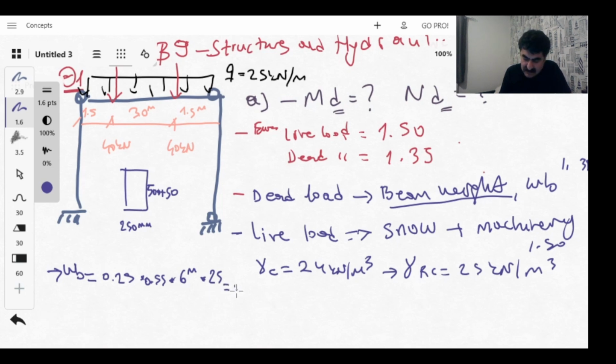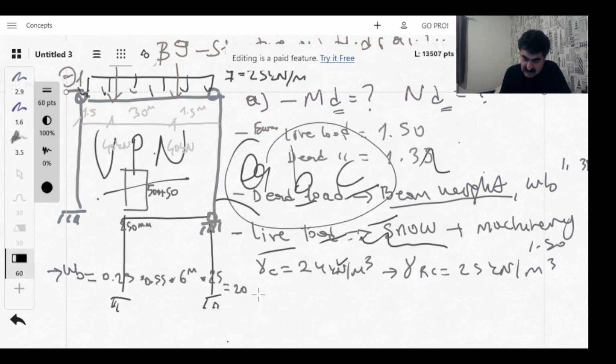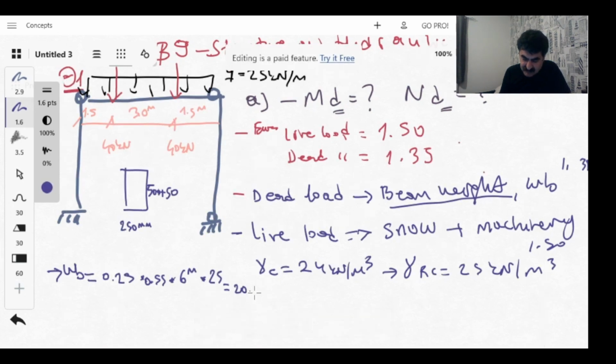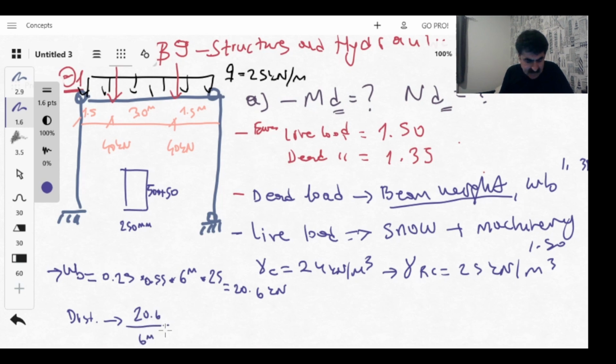So 20.6 kilonewton. 20.6 kilonewton. For the distributed beam weight, it will be 20.6 divided by 6 meters, and then it will be 3.44 kilonewton per meter.